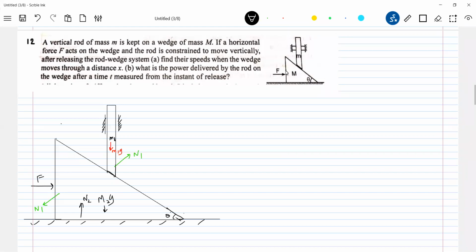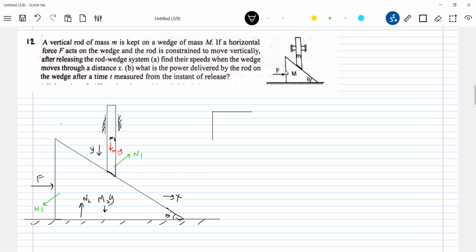Can we apply conservation of mechanical energy? The wedge moves by distance x. When this moves by distance x, what will happen to the rod? The rod will descend a distance y. Now the constraint equation.